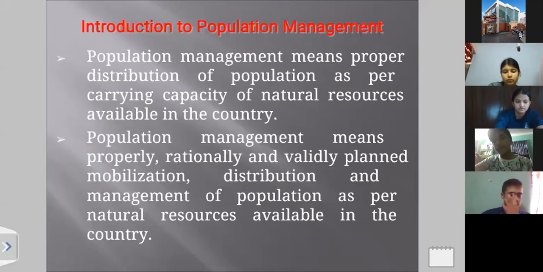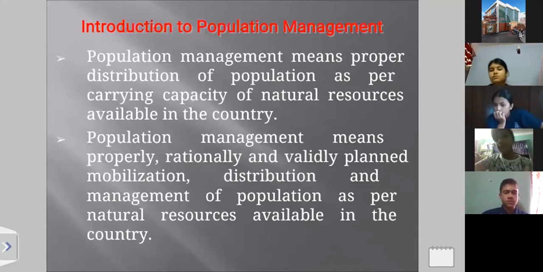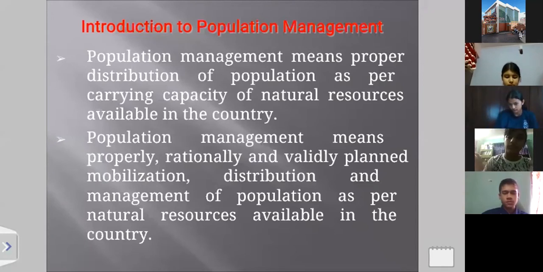Carrying capacity of natural resources means according to the capacity of natural resources, population should be distributed. My dear students, according to the capacity of natural resources, population should be distributed.